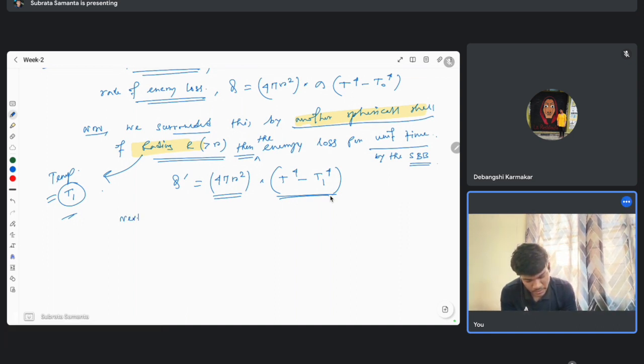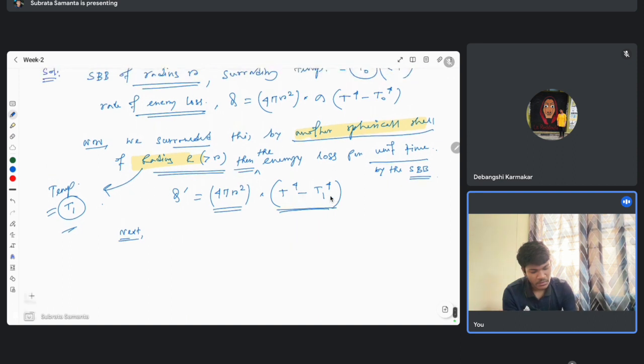Next, the energy loss by the spherical shell. So the shell is outside, surrounding the thin spherical black body.